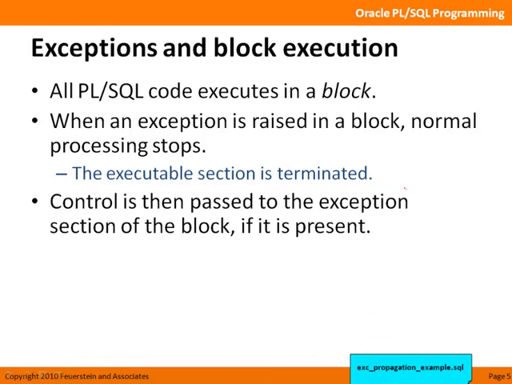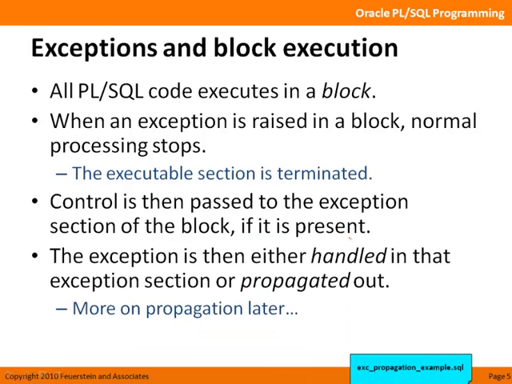Control is then passed to the exception section of the block if it's present. And then the exception is either handled, which means that there's some code inside that block that says I'll grab this error, I'll log it, I'll do something with it, or it's propagated out. So the exception comes out of the current block unhandled.